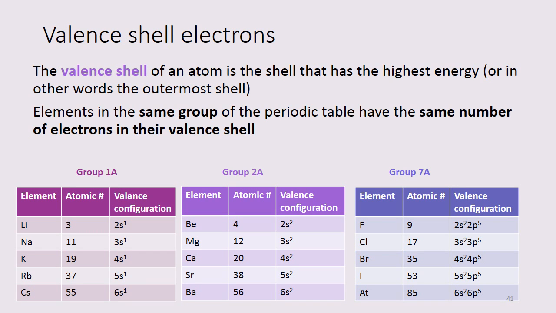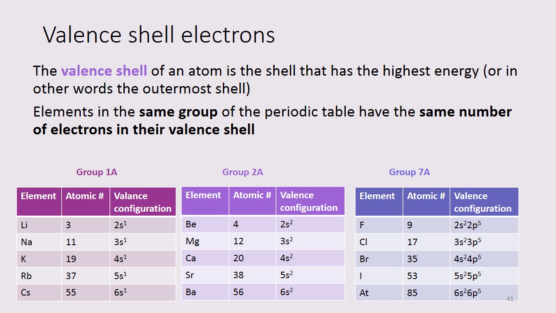All right, so again, now you can see what the valence electrons are. The valence electrons, remember, are the highest energy electrons. And now that we've written noble gas configurations, we can see pretty easily which ones are the highest energy electrons. Now, the really nice thing, though, is that notice that everything that's in the same column has the same valence shell configuration.